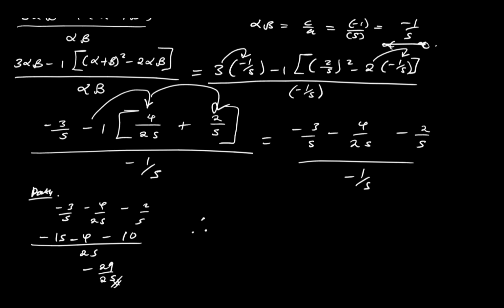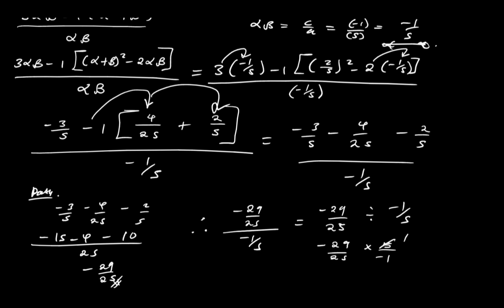So on the numerator, I'm having -29 over 25 over -1 over 5. This can also be written as -29 over 25 divided by -1 over 5. So I'm having -29 over 25 times 5 over -1.